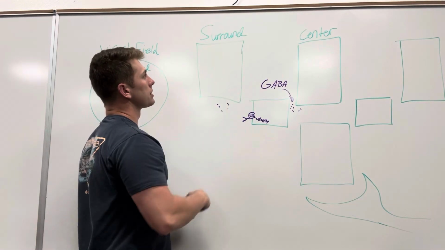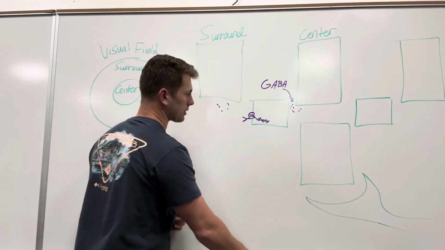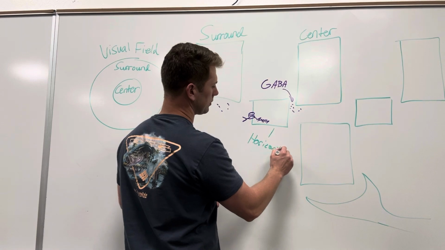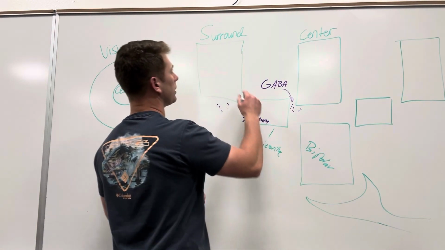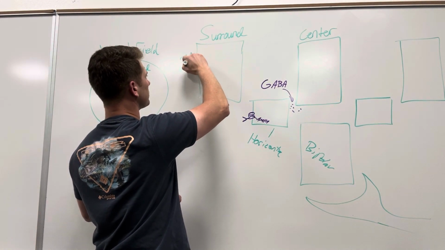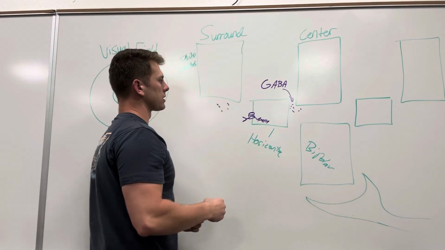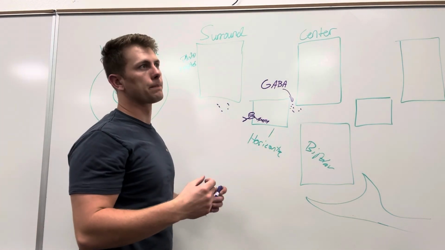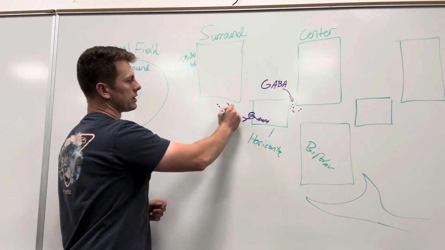So these surround cells, important thing, these are horizontal cells. I should have written that. Horizontal. This is the bipolar, right? These are the photoreceptors. Okay. So, new concept, we have these horizontal cells. When the surround photoreceptor is dark, receives a dark signal, it will release glutamate, right?